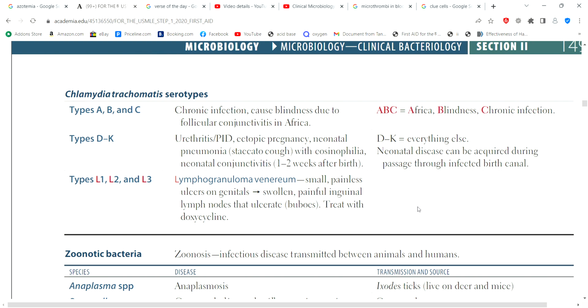staccato cough. What is that? Staccato cough, associated with chlamydia. It's a cough that presents as dry and brassy, with a honking or barking quality. It sounds like a dog. Machine gun like.